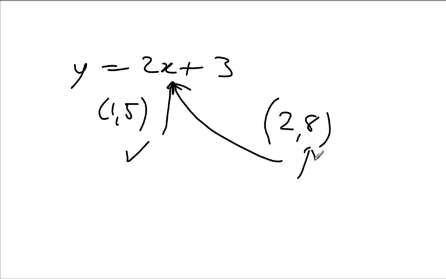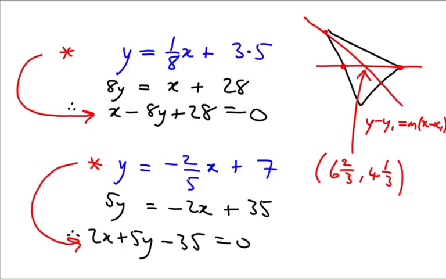So going back to this question, part B, the question says, show that 6 2/3, 4 1/3 is on the last median. So what do we need? We need the equation of that median.